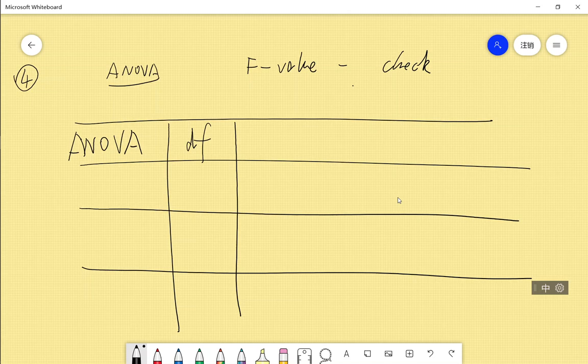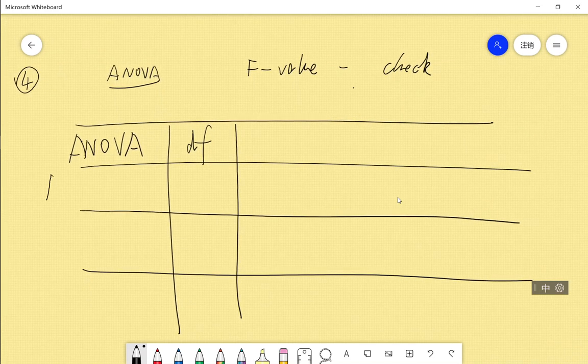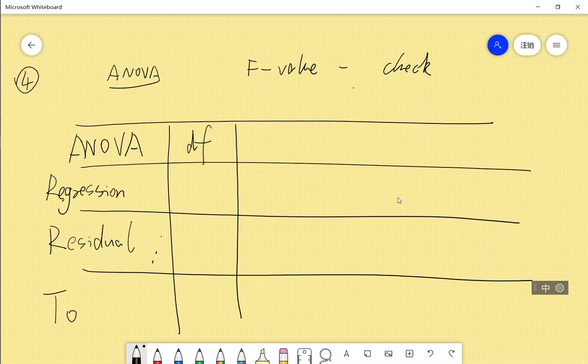When you have the ANOVA table, you will have mainly three subjects to consider. One is, of course, the regression. The other is the residual. And of course, you have the total, which is the sum of regression and residual.